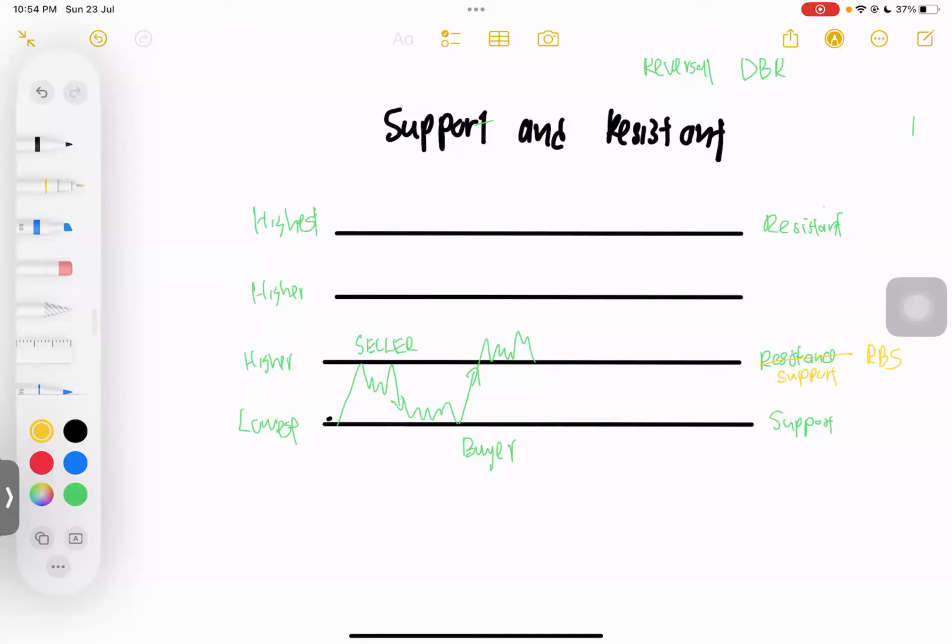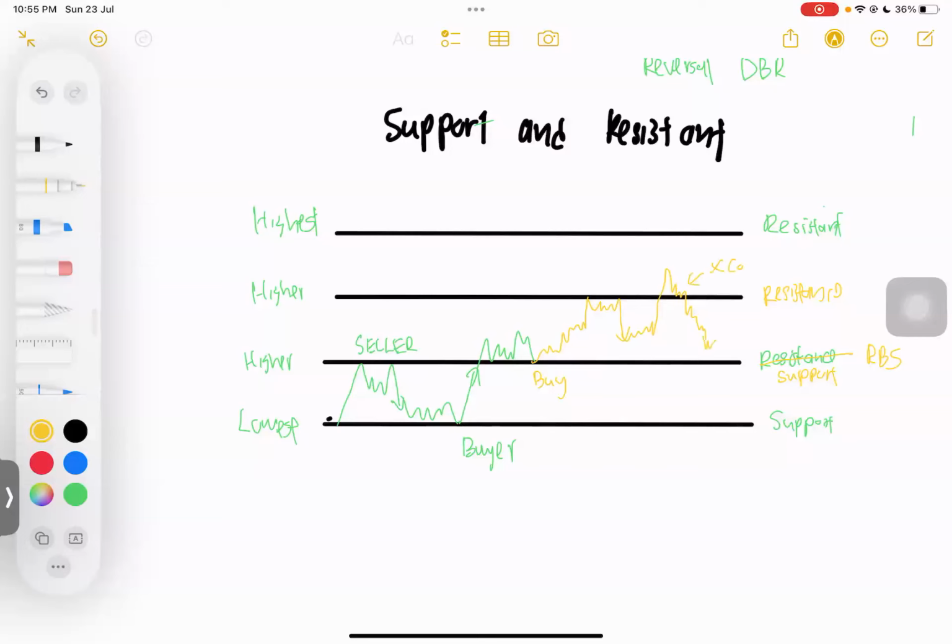After the resistance becomes support, you can buy here. And it pulls up, touches the resistance again, maybe drops again. This will become the resistance. Then maybe it breaks out again and comes down. This time it doesn't have confirmation, so you cannot buy. In case you got confirmation right here, you can buy.